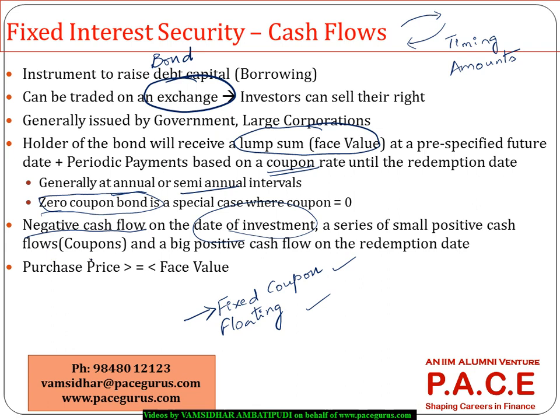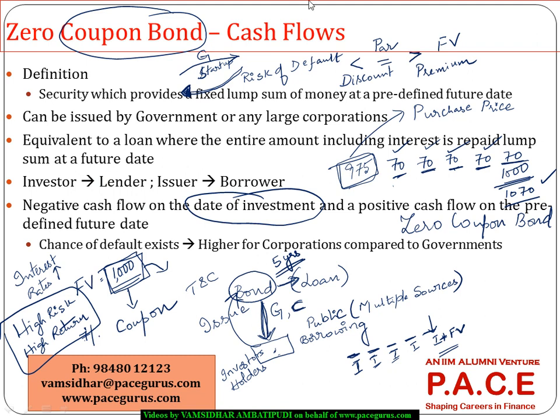And the price at which you are purchasing that particular bond, as I said earlier also, may be greater or lesser or equal to the face value. If it is lesser, we call that a discount bond, equal to we call it a par bond, and greater than we call it a premium bond.